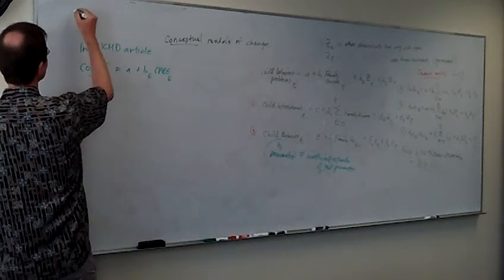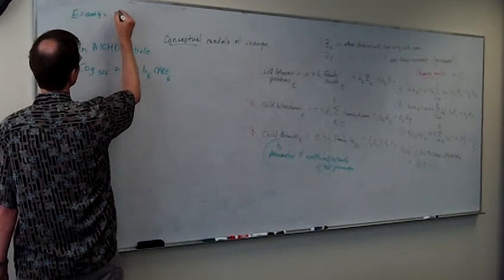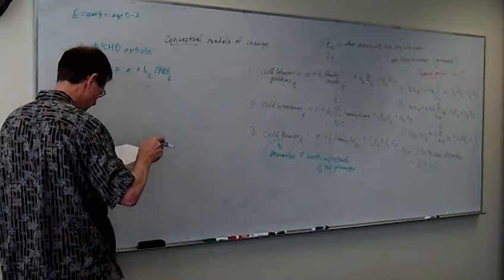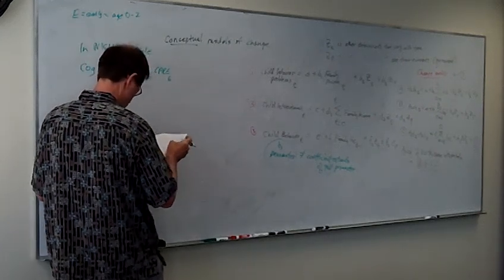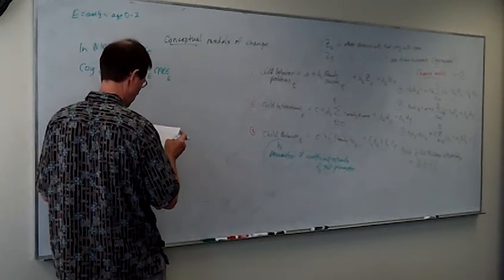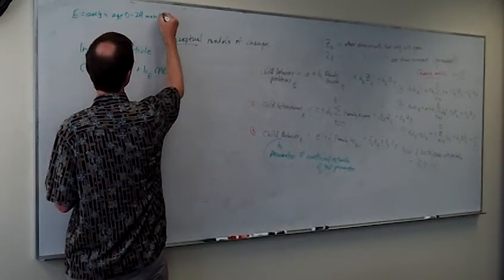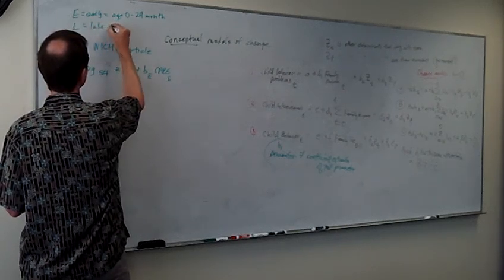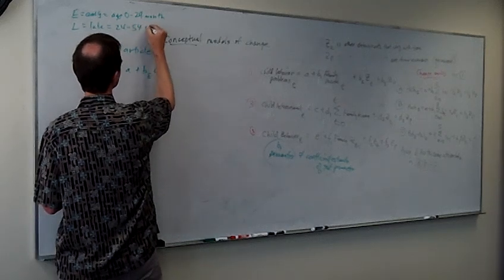So early is age 0 to 24 months, I think. And late equals 24 to 54 months.